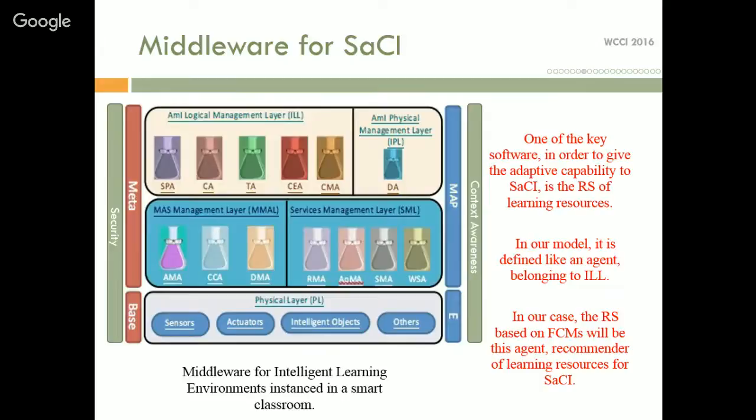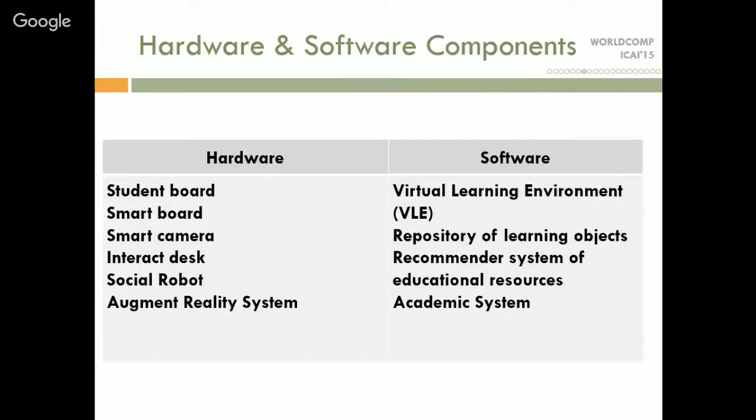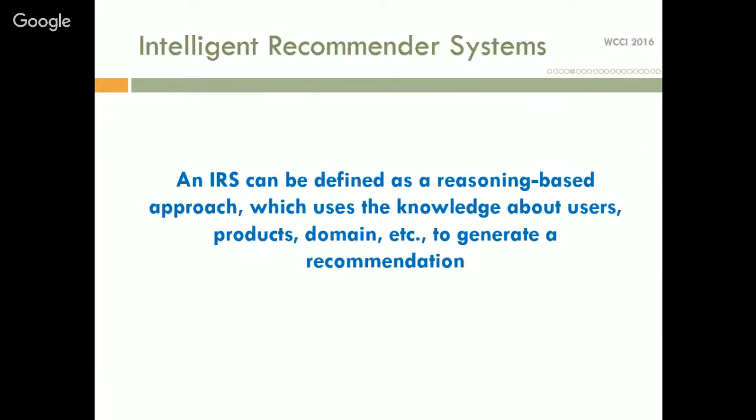And one of them is the recommender system. In this context, we have developed a recommender system, which is one of the software components that compose the smart classroom. This is the list of the different components.